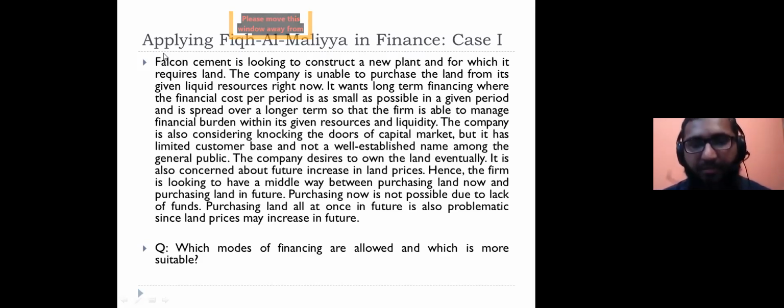And because the period of finance is going to be very long, and the price of the asset or property used in this transaction might increase over a period of time, it's better to keep on purchasing the land in installments and also be able to use the land during the period of financing. So in that case, diminishing musharaka seems to be the more suitable mode of financing.